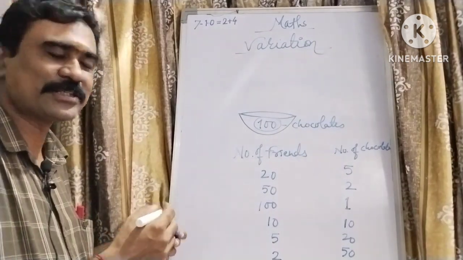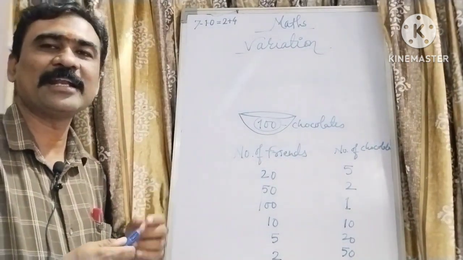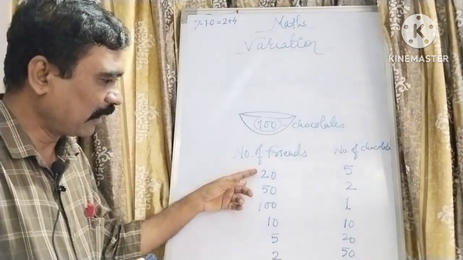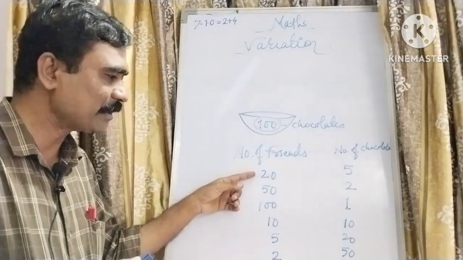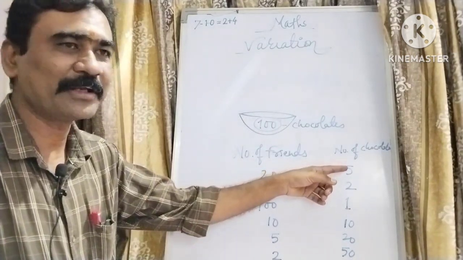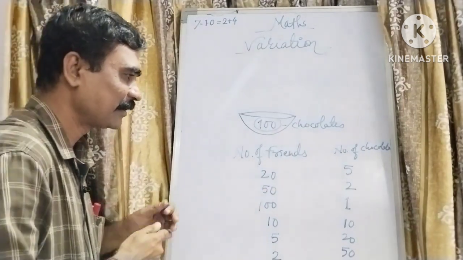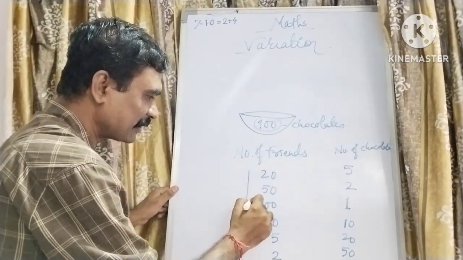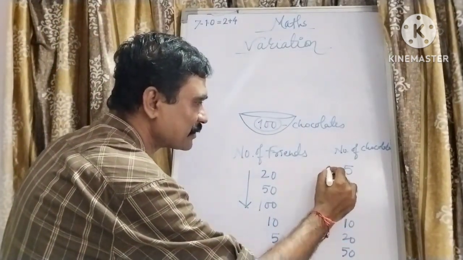Now see the change between both quantities, number of friends and number of chocolates. If we increase the number of friends, what will happen in the second quantity? The number of chocolates will decrease.